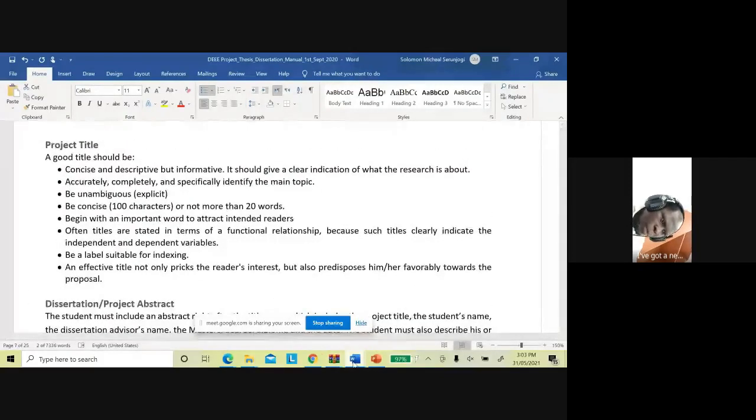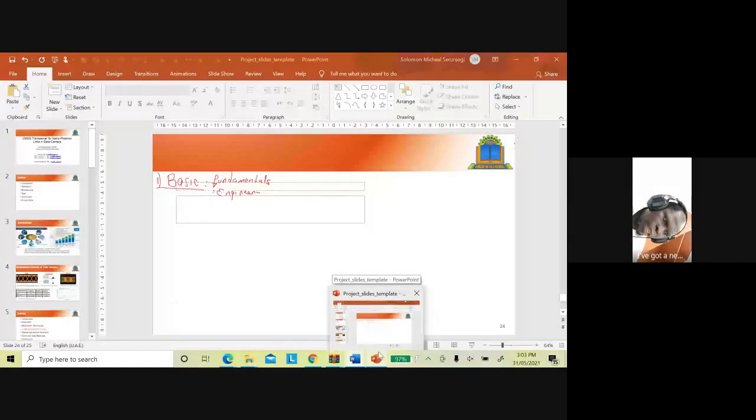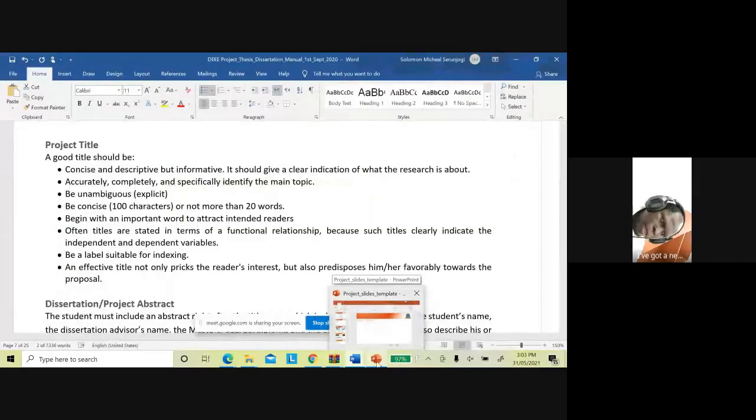I have two examples that I'm going to give you: an example of a proposal and an example of a project presentation manual, how it looks like.